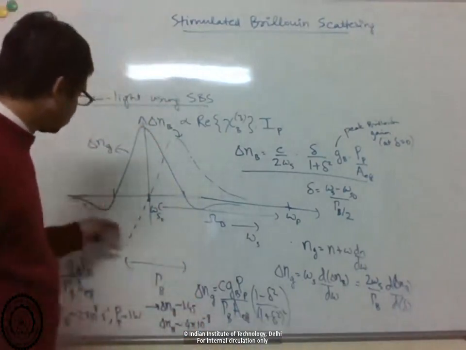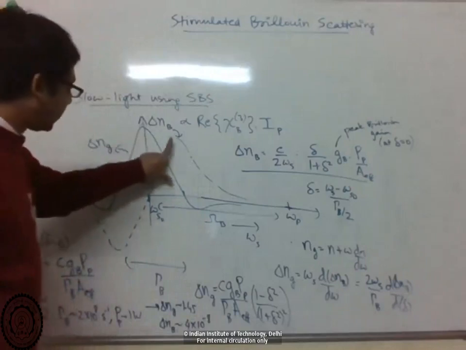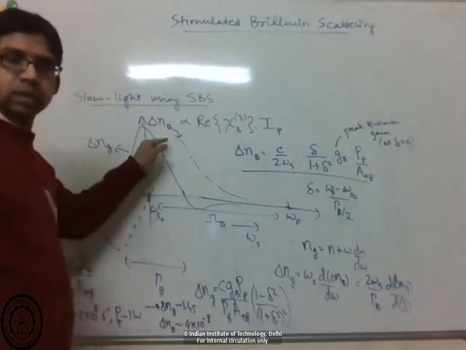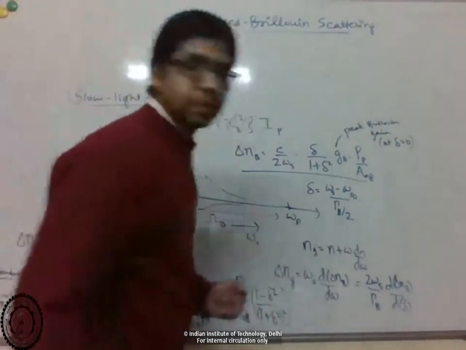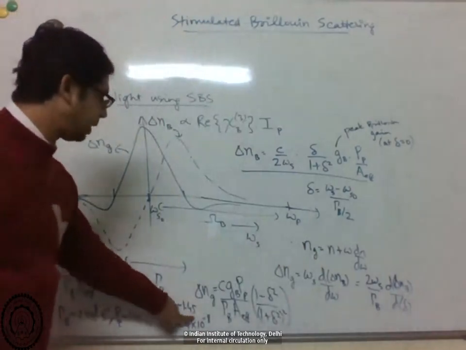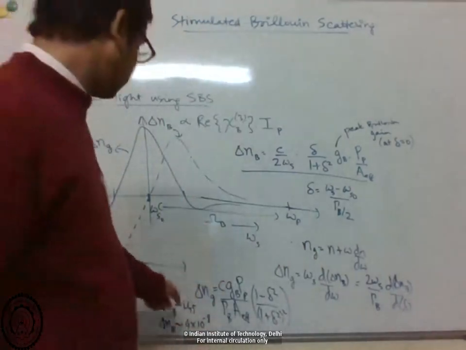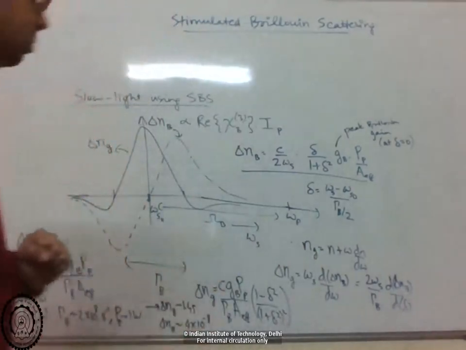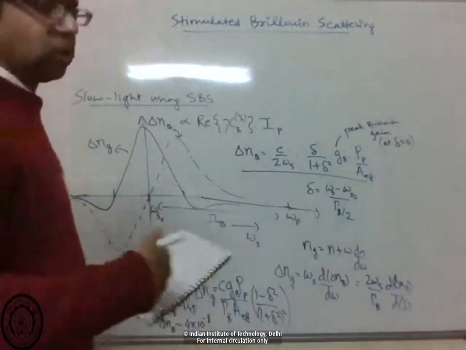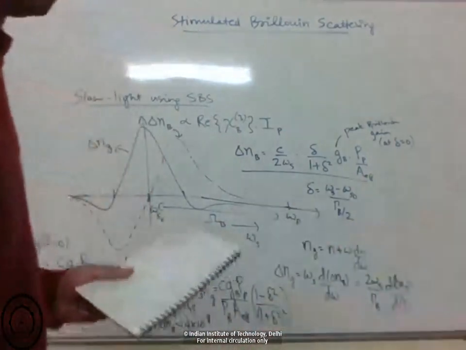But the group index, because this 10 to the minus 8 change happens in such a narrow range, the dn by d omega is big enough. And the ng, the change in group index, can be almost 100%. Okay, which means what? Like you can delay pulses, so you can have pulses propagating at half the speed.